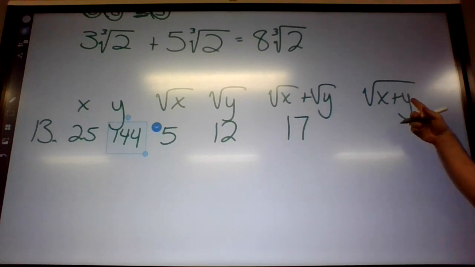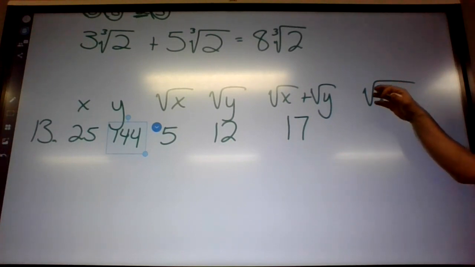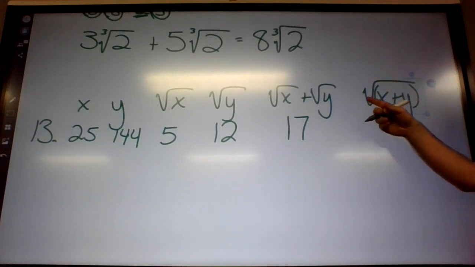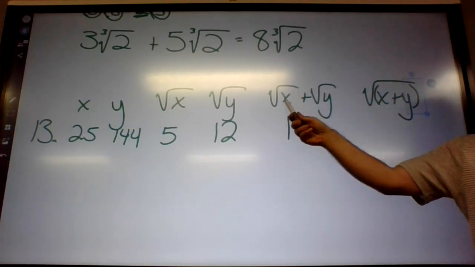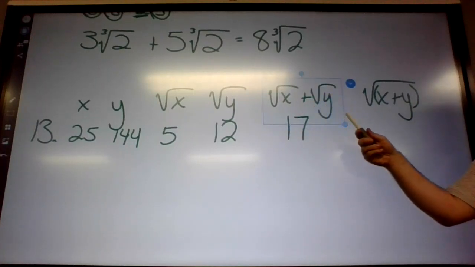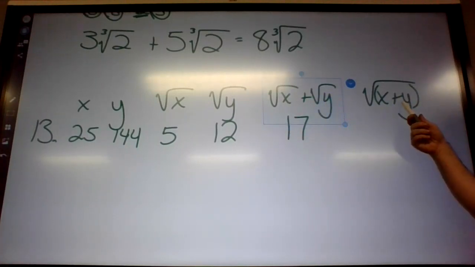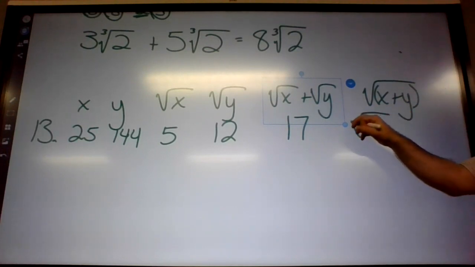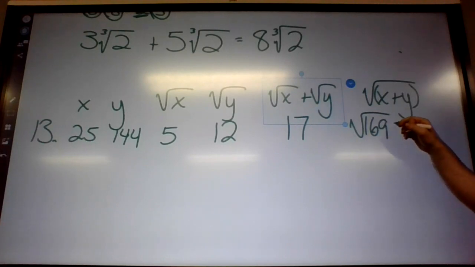Okay, but on this one, when there's a square root, everything inside is kind of like in parentheses. So you actually have to add first and then square root it, as opposed to this one where we square rooted this, square rooted that, and then added. So on this one, you're supposed to add first. 25 plus 144 is 169. And the square root of 169 is not in your times tables.